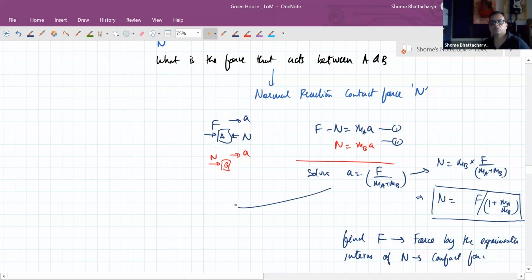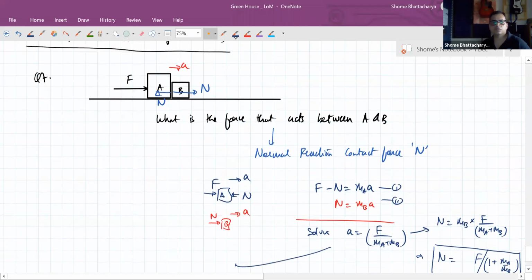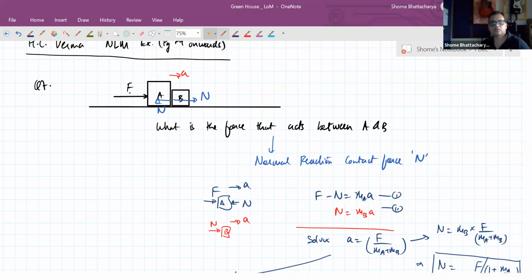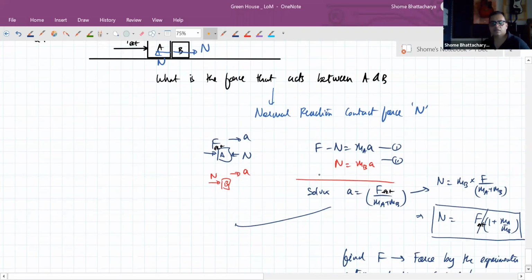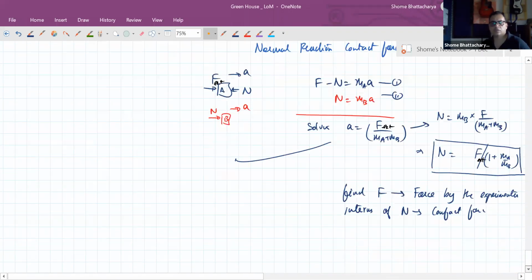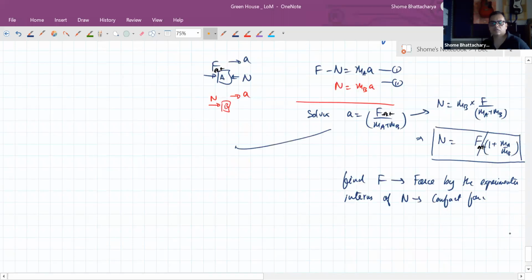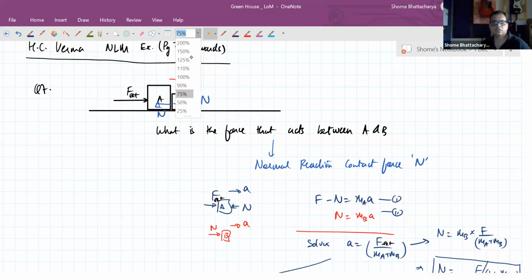So in our equation we have written F as the external force. But what you have to do is take this as some external force, suppose. So now you have to find the value of the external force given that the normal contact force is F. So the language of the question is slightly different.